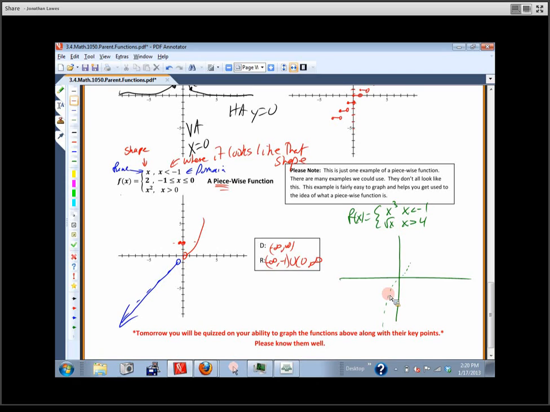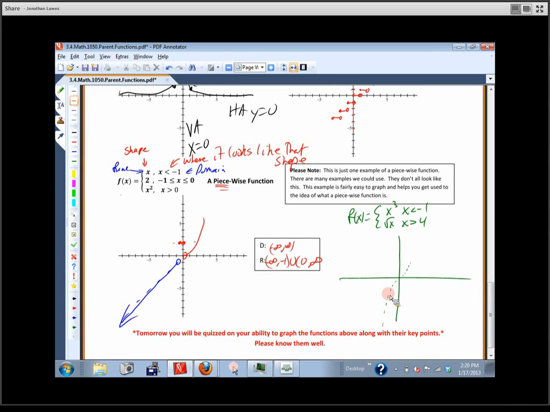And this point, it's not filled in, but it's 4, 2, and this point right here is -1, -1, right? So the domain, -infinity to -1, union, 4 to infinity, range, sweet, 2 to infinity, right? You with me there? Okay.